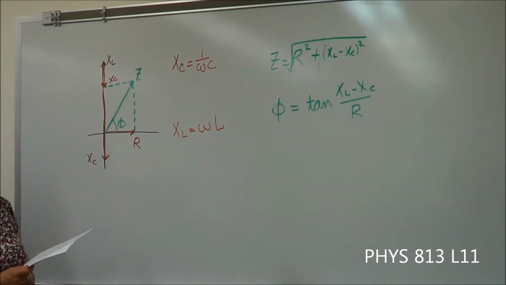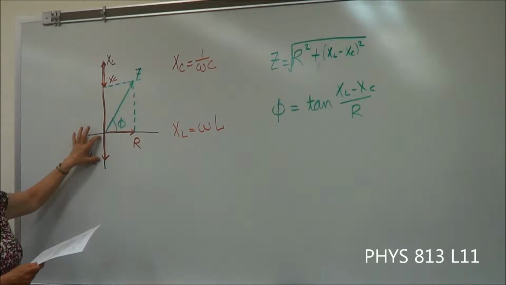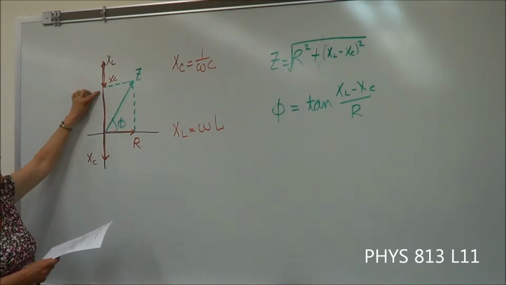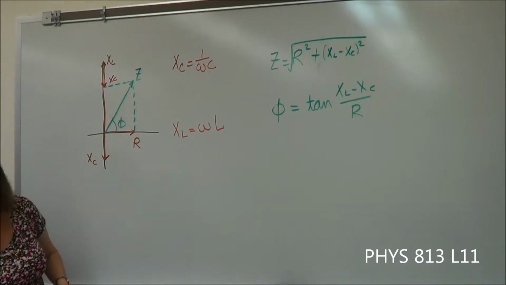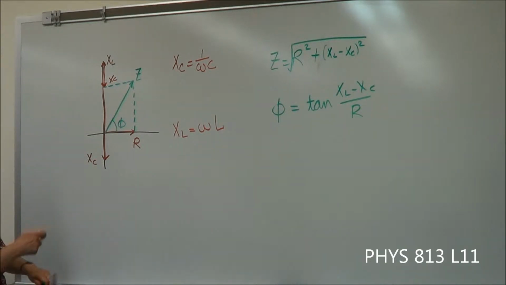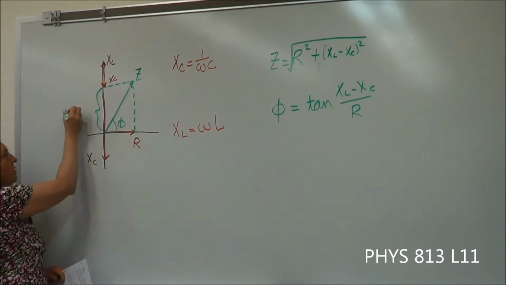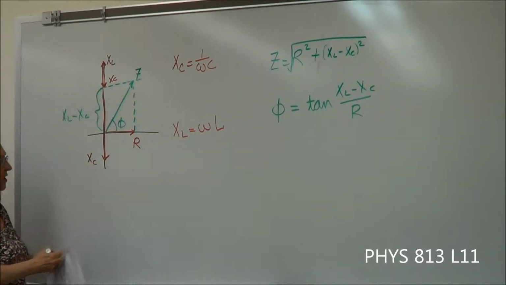And then we wanted to do the vector addition, so we moved the reactance for the capacitor up here, which brings it back to here. This part here, which I should have labeled, is XL minus XC.